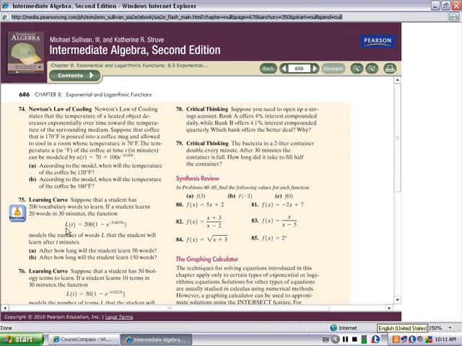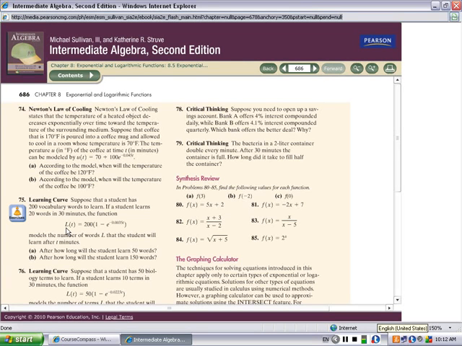Am I correct? Different time you put into the study, you will see different score you will earn in your next exam. Here, it says that is a model to learn the number of words. I want to find out after how many t minutes you will learn 50 words. So you want to solve this function equal to 50 for t.